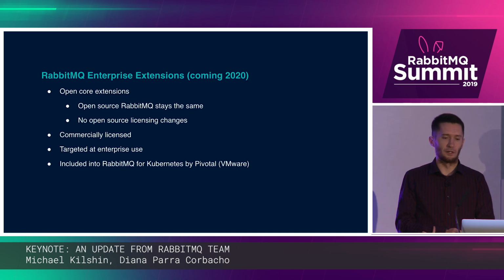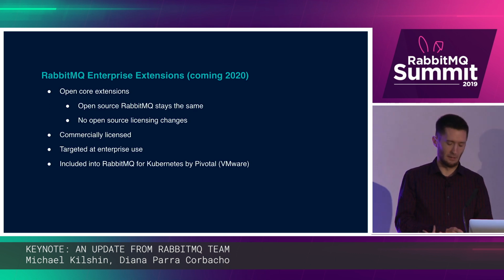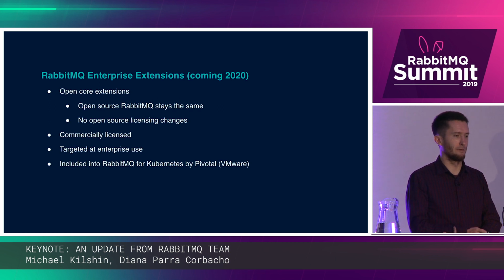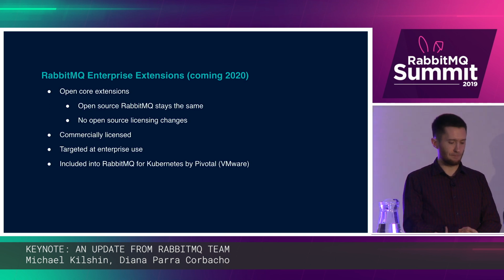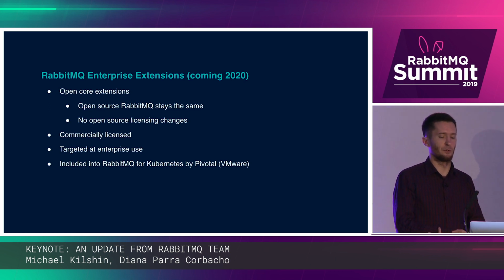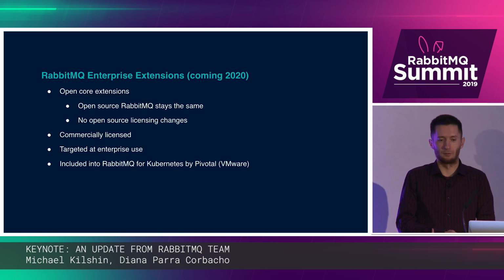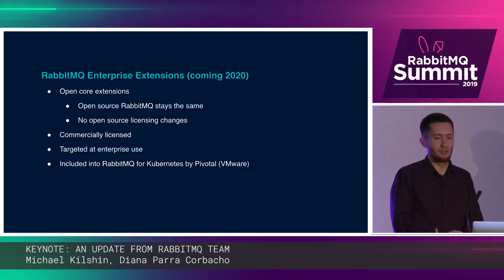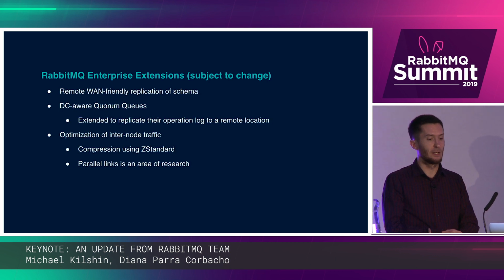But this set of extensions will be commercially licensed and targeted at companies that have, in some cases, elevated requirements, sometimes regulatory requirements around where data can or cannot be stored and so on. It will be included at some point into RabbitMQ for Kubernetes by Pivotal, or I guess we will be VMware by then. So yes, this is coming roughly around RabbitMQ 3.9.